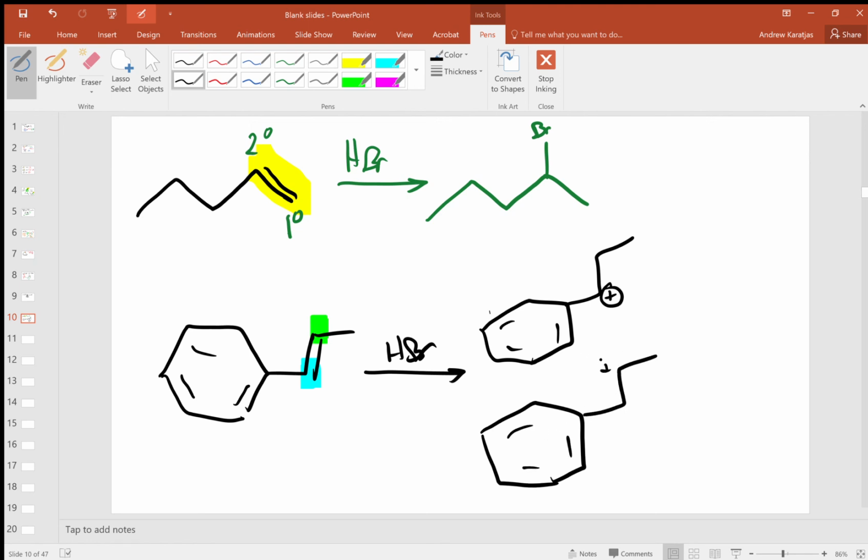Again, both are secondary. But in this top structure, this carbocation is also next to an aromatic ring. So it isn't just stabilized by being secondary, it's also resonance stabilized. And again, anything that helps to stabilize that carbocation is going to make it the preferred pathway.